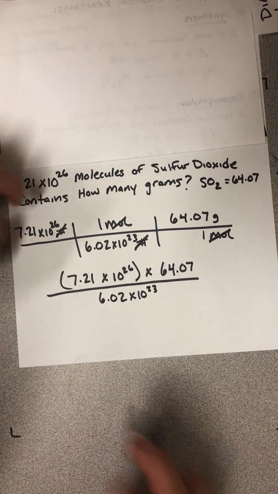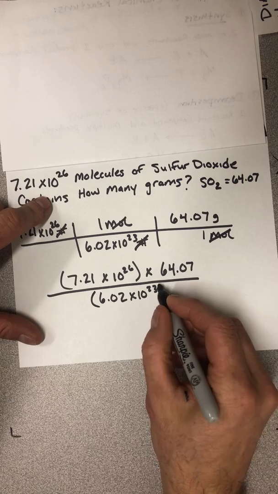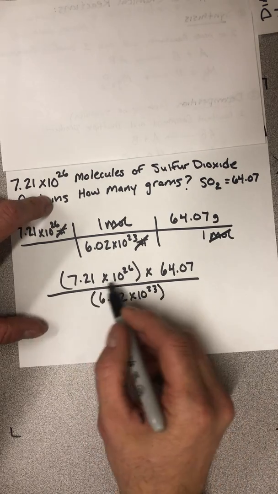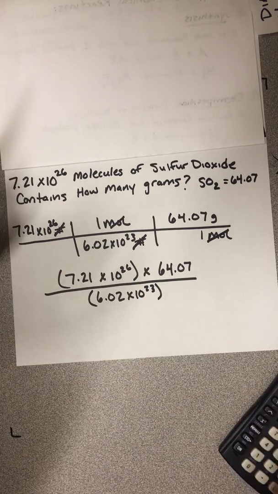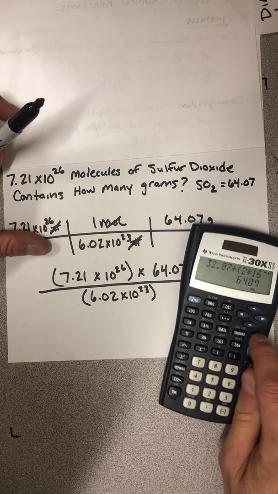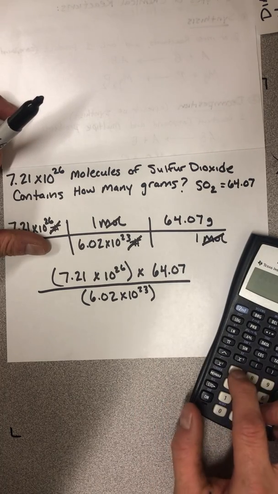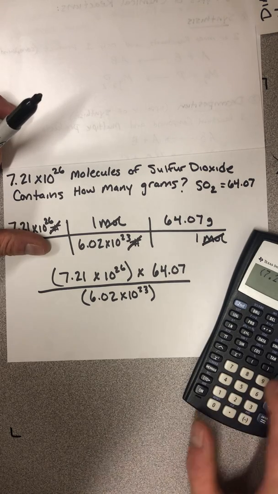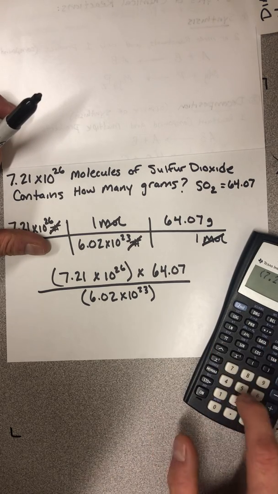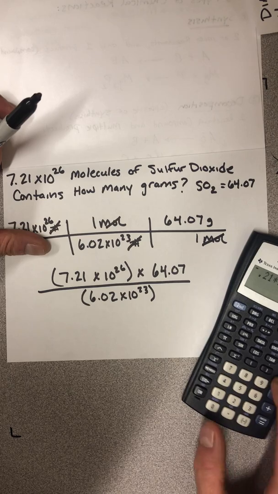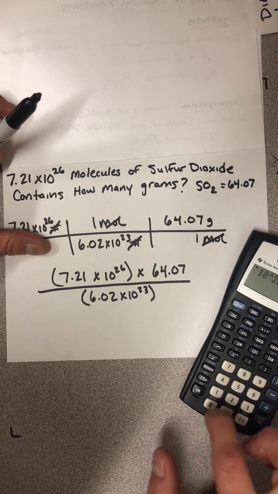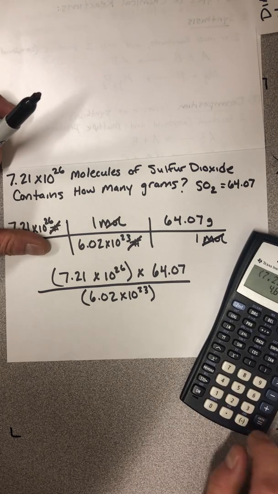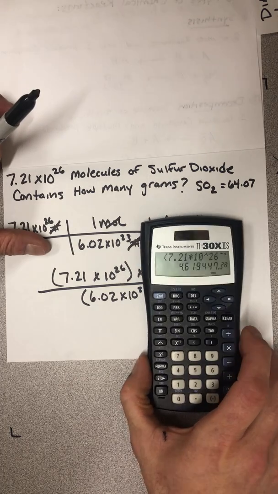Okay, it's always a good idea to enclose these scientific notation numbers in parentheses as you go. So I'll go ahead and calculate this together. This is 7.21 times 10 to the power of 26 times 64.07.